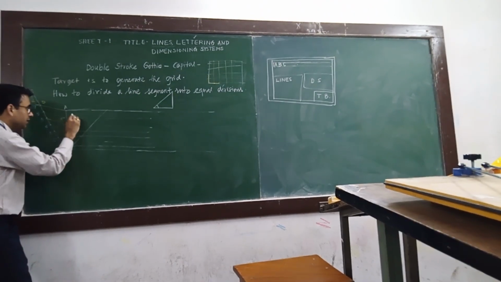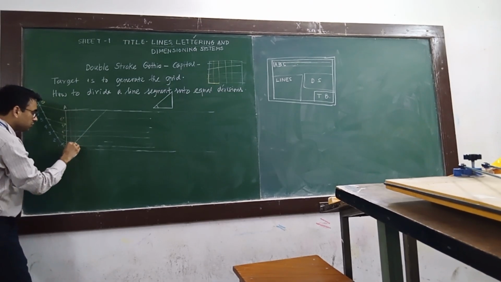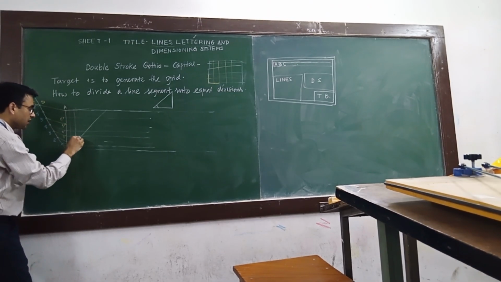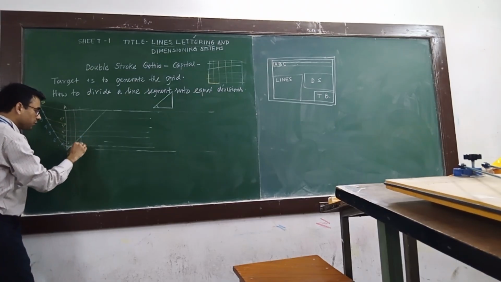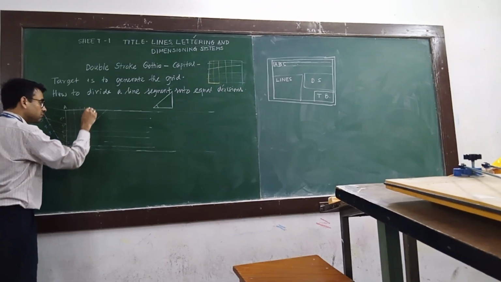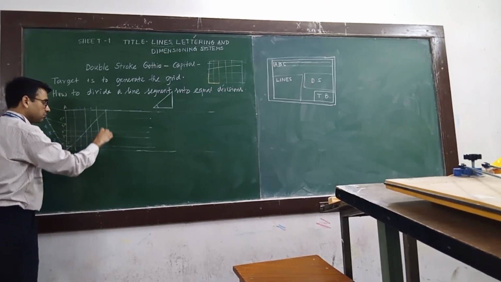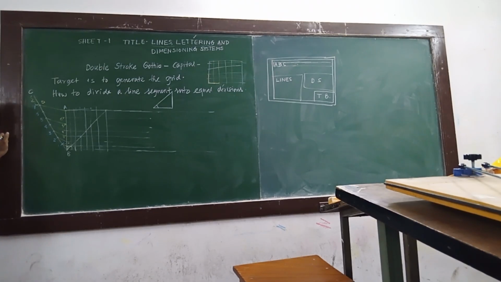So I can draw a line to this point, this point, this point, this point. Clear? So simply I divided this line into equal 7 divisions.